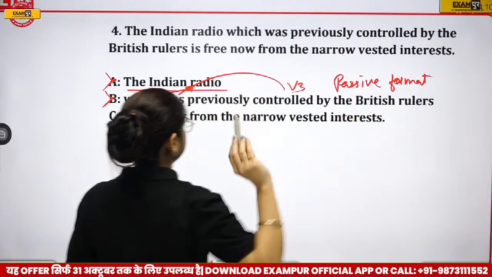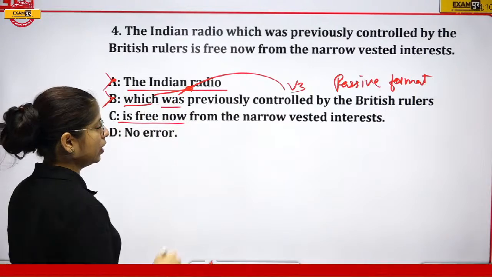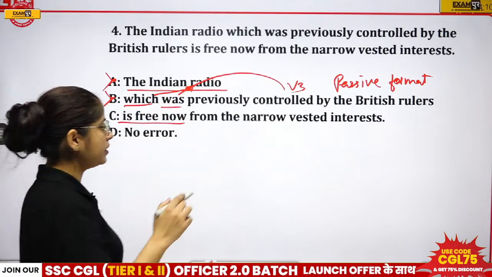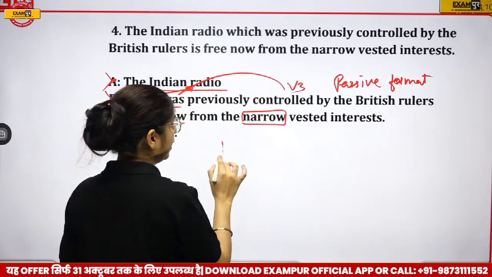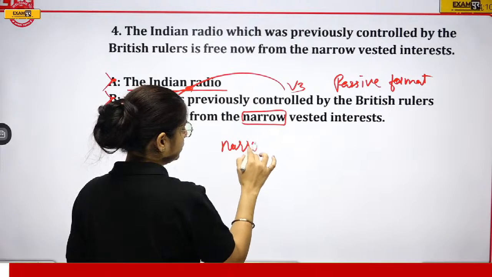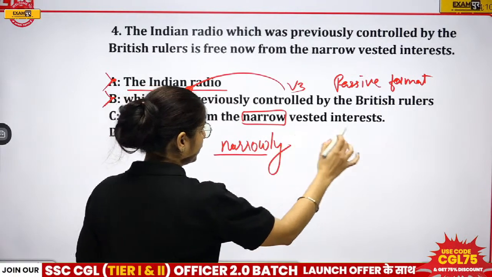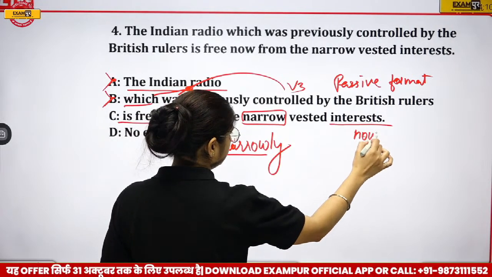Right, that is correct. Is free now, we're talking about that is free now from the narrowly vested interests. Narrow vested is incorrect here. It should be narrowly. This adjective must be converted into adverb, narrowly vested interests, right? Interests, this is noun.